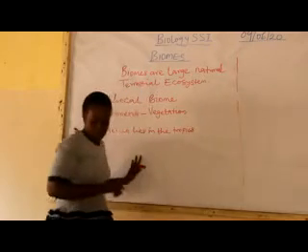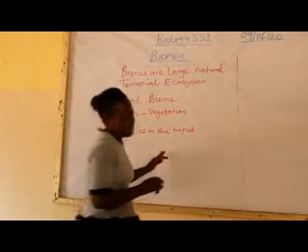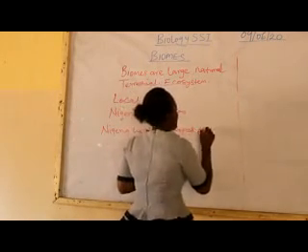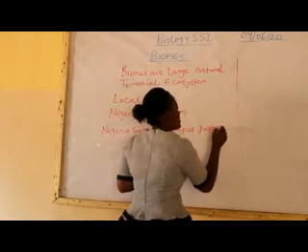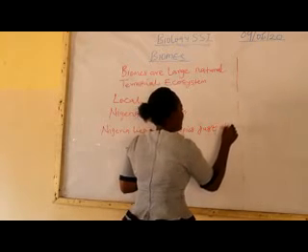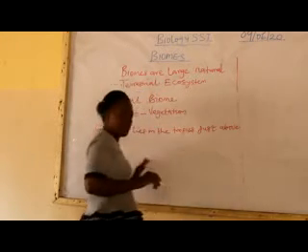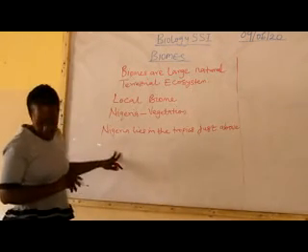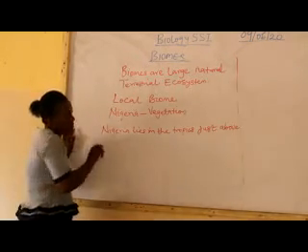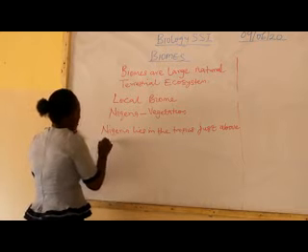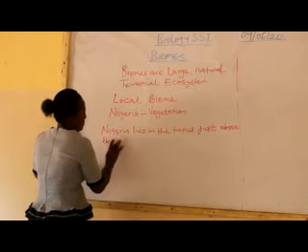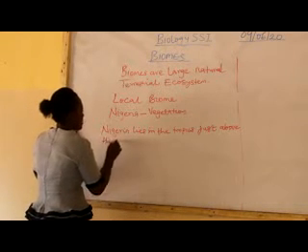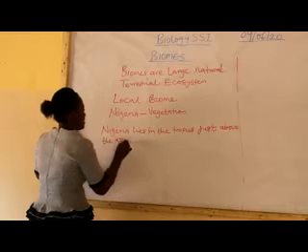Tropical regions are the hottest regions of the earth, just above the equator. So any country that lies above the equator is mostly a tropical area. Just above the equator, that is at the center of the earth. The equator is at the center of the earth.